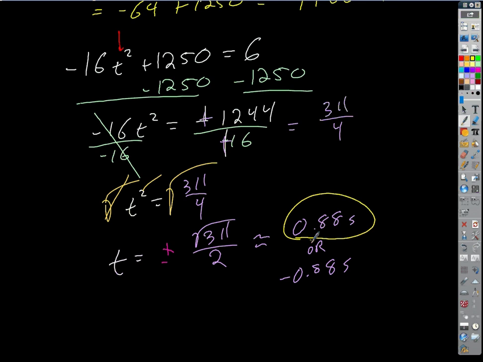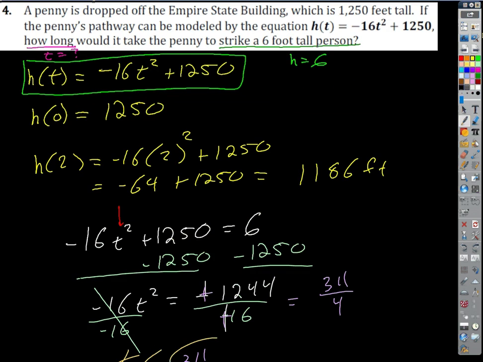Did we really ask for, now, we're trying to fit this physical situation up here to a mathematical model. And by setting the height function equal to 6, did we specify that that's how long it's going to take for the penny to hit this guy on the head after he drops it?